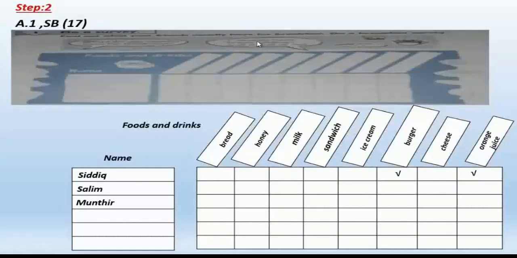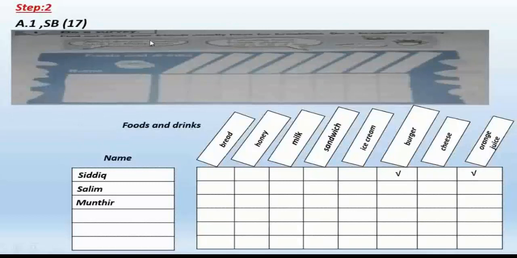Find out what your friends usually have for breakfast. Do a breakfast survey. Okay, that's right. In order to do this, you need to practice this short dialogue.